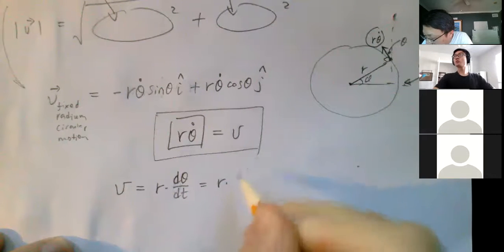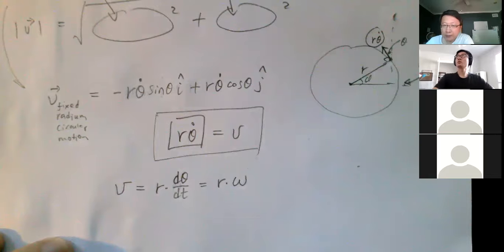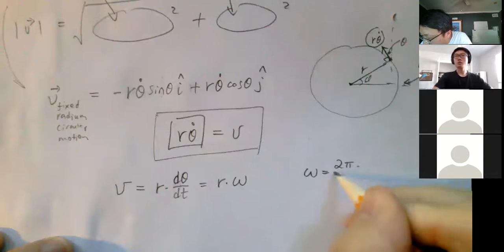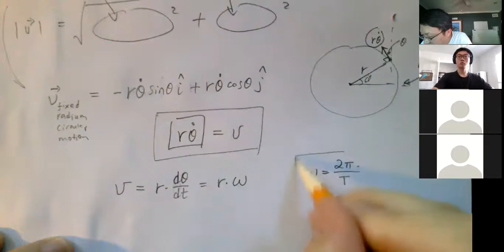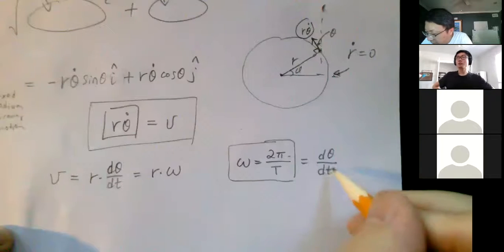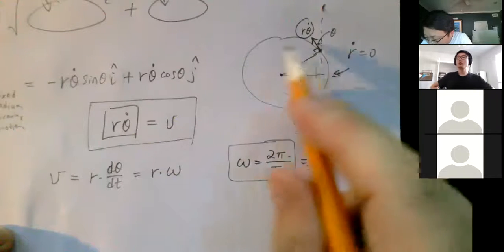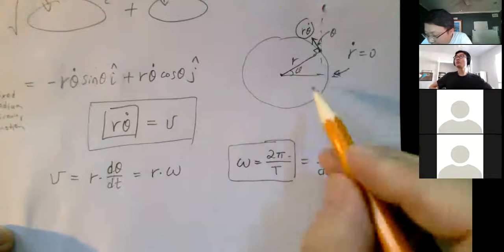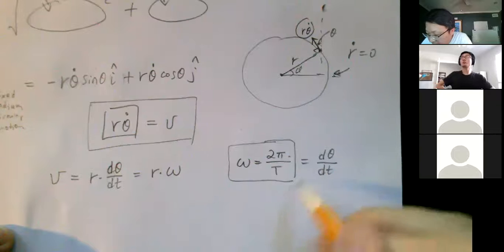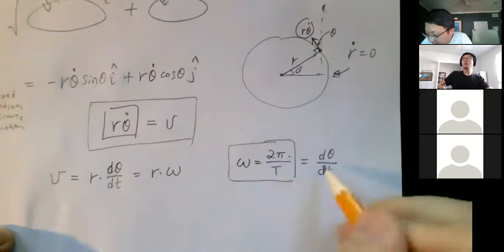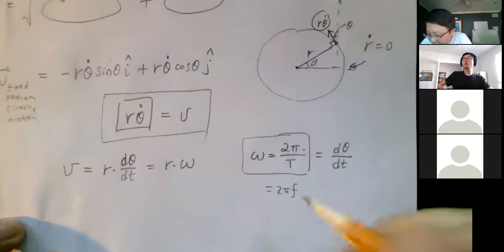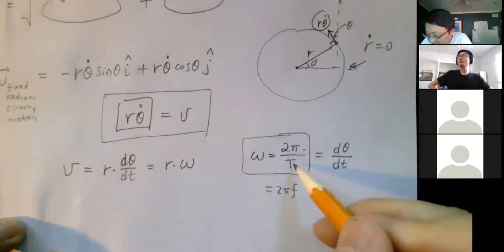Typically, we call d theta dt omega, which, if it's a constant motion, equals 2 pi divided by the period, because that's d theta dt. If there is a constant angular motion, d theta is 2 pi, one circle, and dt is a whole period. So that is 2 pi over T, or this is 2 pi f, where f is frequency, how many circles per second.